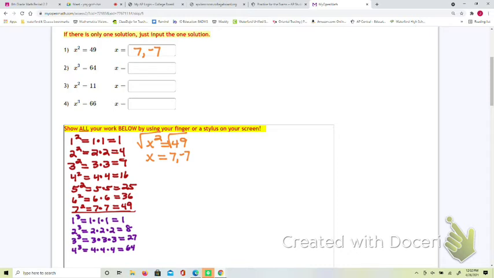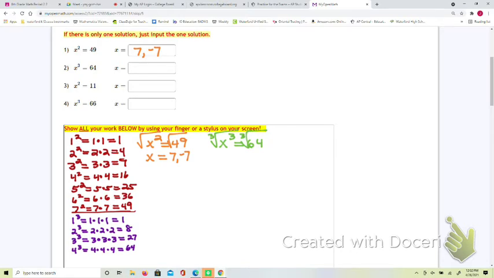Okay, the next one is x cubed equals 64. To undo a squared, we take the square root, so to undo a cubed, we take the cube root. So make the root box, but put a 3 in the corner. That's not a square root now, it's a cube root.